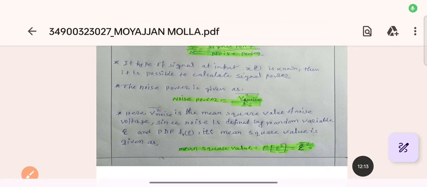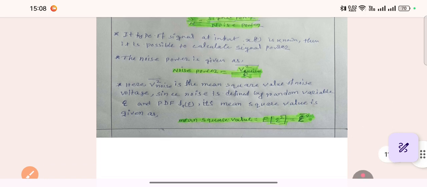Since noise is defined by a random variable epsilon and PDF f of epsilon, its mean square value is given as E of epsilon square bar.